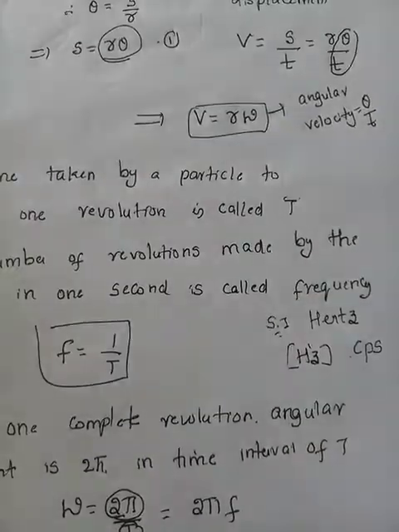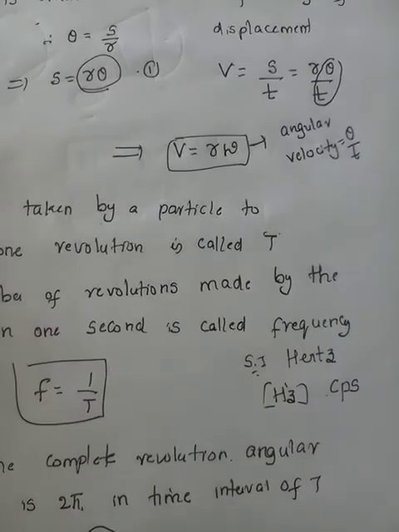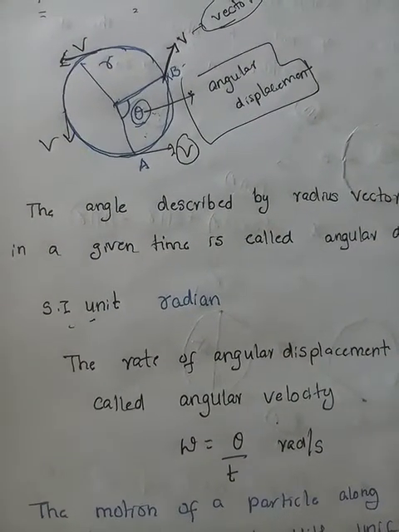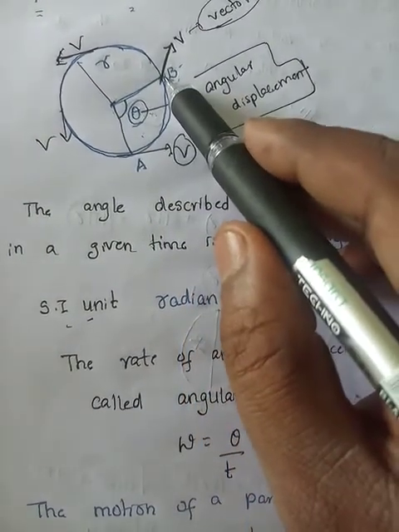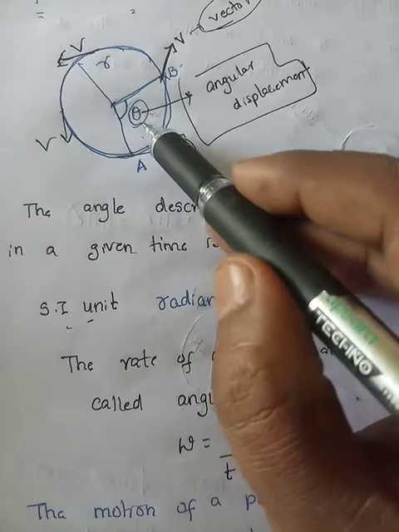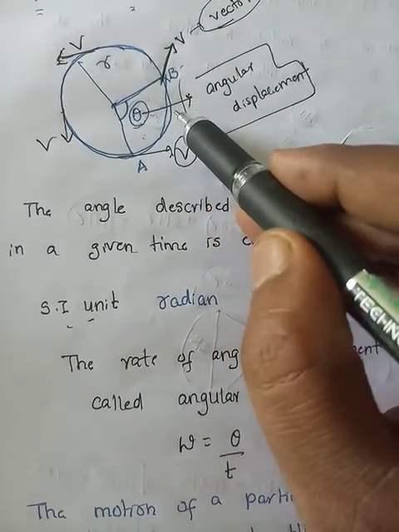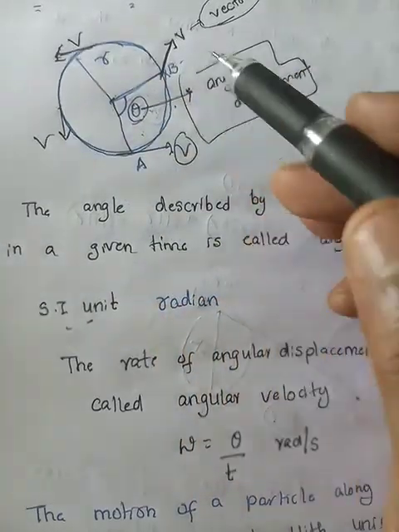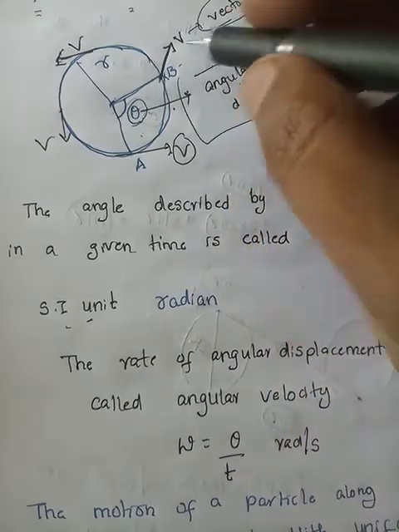So, these are the basics needed to understand a concept called centripetal acceleration. So, what we learnt here? A body moving in a circular path. The line joining the axis of rotation is called the radius. The angle subtended by the radius vector in a time t gives angular velocity. Here a particle moving in uniform circular motion, speed is constant, but velocity changes. Why does velocity change?